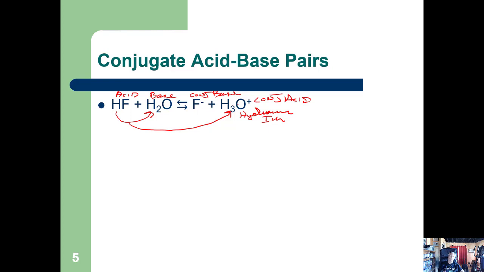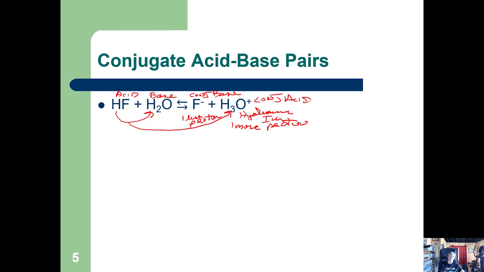The conjugate acid simply has one more proton, and that's always going to be the case with Bronsted-Lowry acid-base reactions, okay? And the conjugate base on the opposite side of the reaction is going to have one less proton. So this has one less proton. So you can always recognize their conjugates.